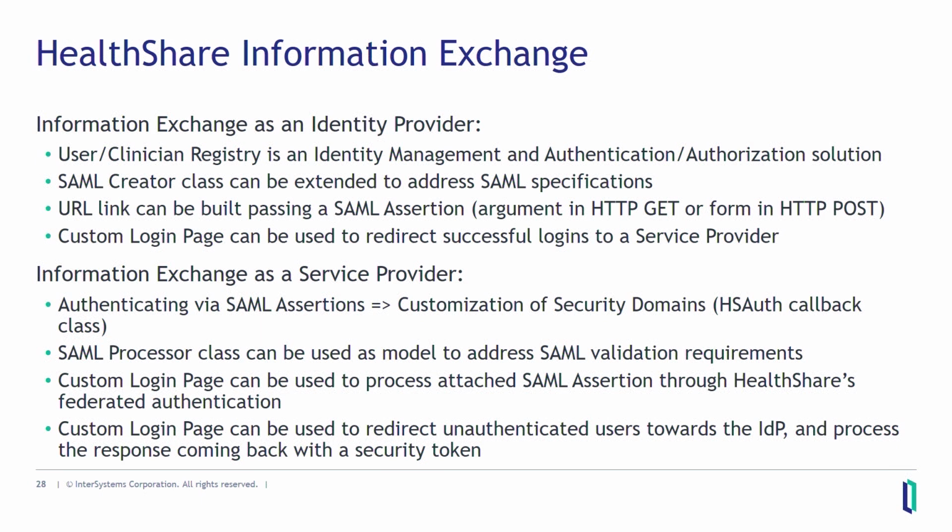And this URL link can be built using the SAML creator class to pass the SAML assertion as an argument, for example, of the link, the HTTP link between your two applications. And there's even two options. You can use HTTP GET or POST, depending on the context.